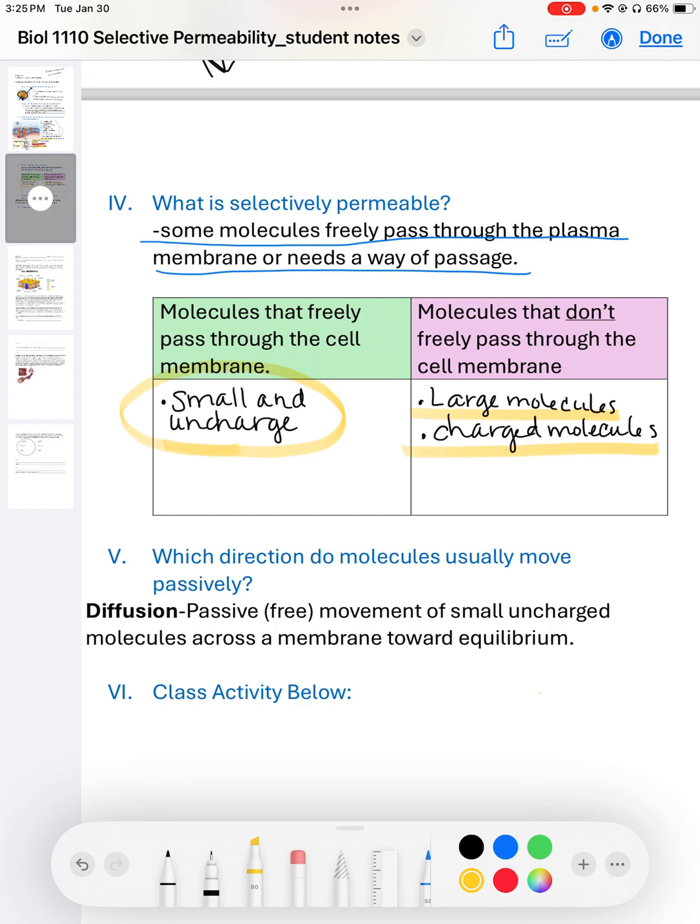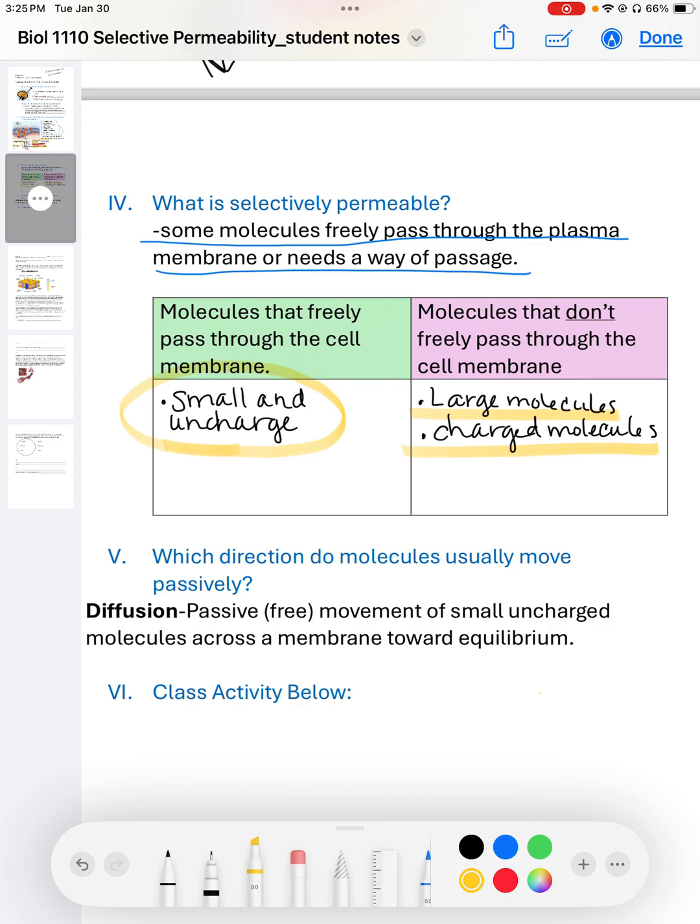And molecules that have difficulty passing through the phospholipid membrane are those that are charged, such as ions that have a positive or negative charge.